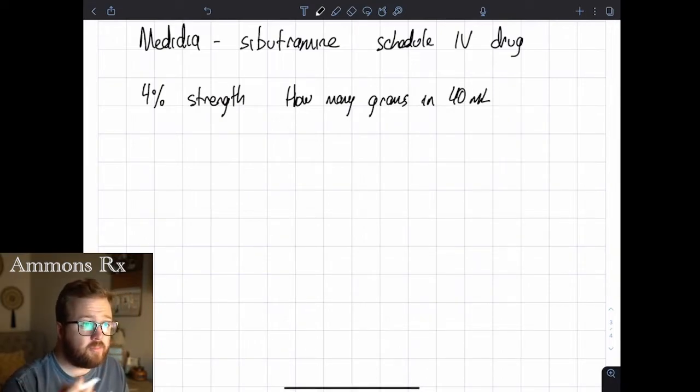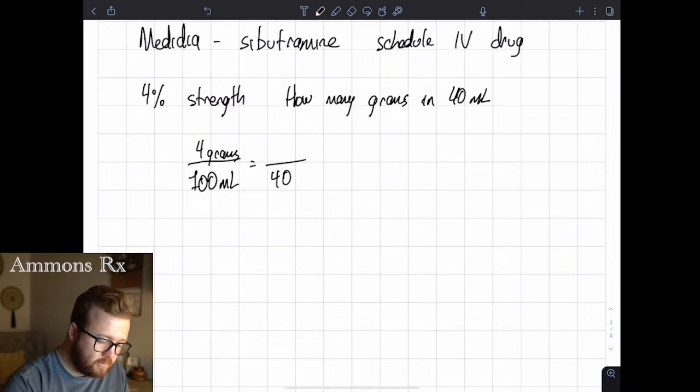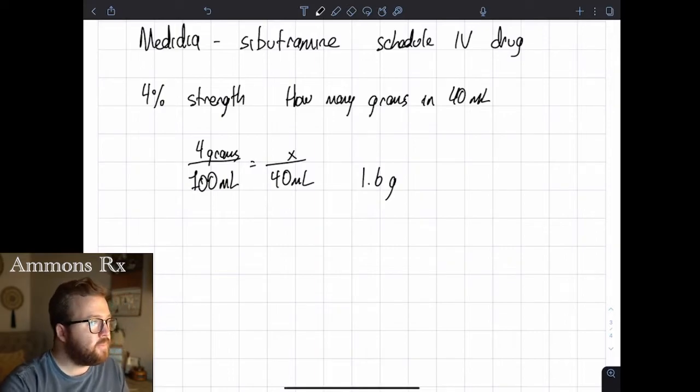Well, you know that percent strength is that number, 4 grams over 100 mils. And you need to solve for 40 mils. You're solving for x. 4 times 40 divided by 100 is 1.6 grams.